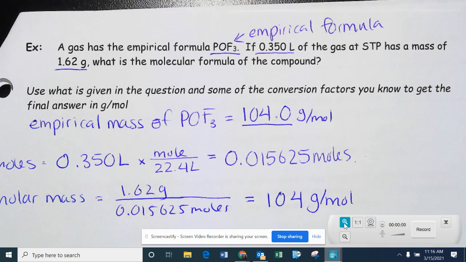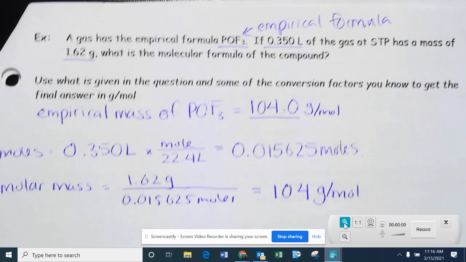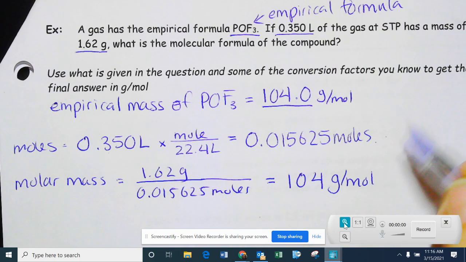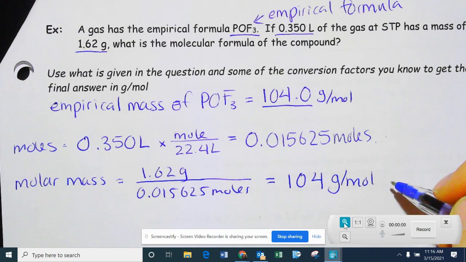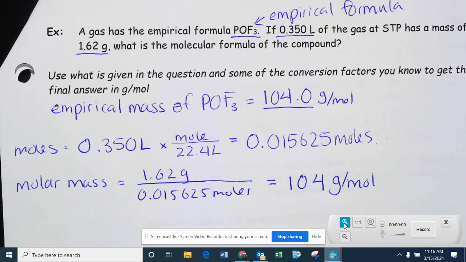So we can't calculate molar mass by adding the masses together because we don't know what it is yet. So that's why we're going through this process. We're kind of working backwards, going the opposite way that we normally would to get to molar mass.